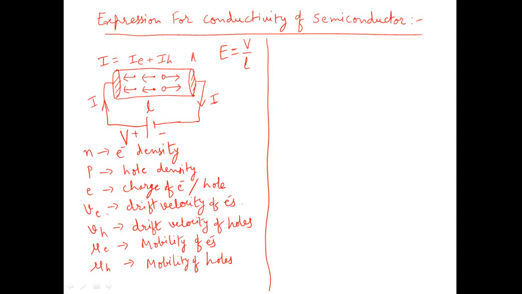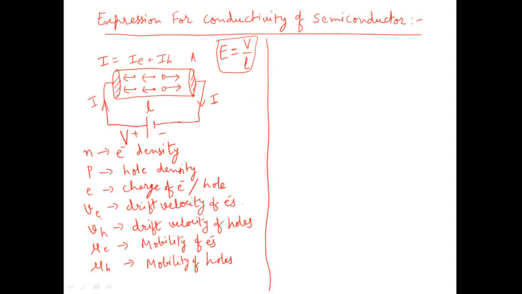Then if vE is the drift velocity of electrons and vH is the drift velocity of holes, where mu E is the mobility of electrons and mu H is the mobility of holes, then you know that the electric field intensity across the specimen, which is subjected to potential difference of V volts and having length L, will be E is equal to V by L.